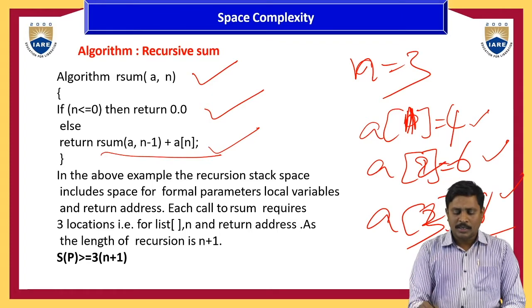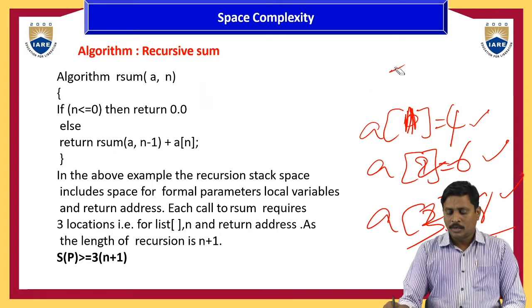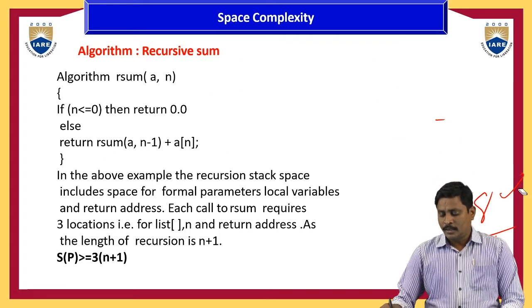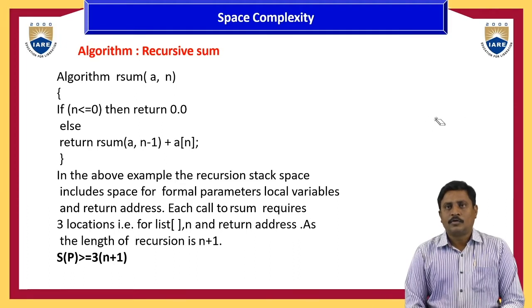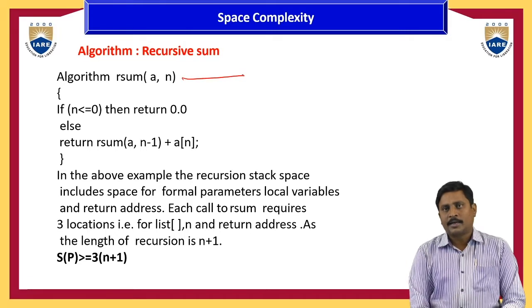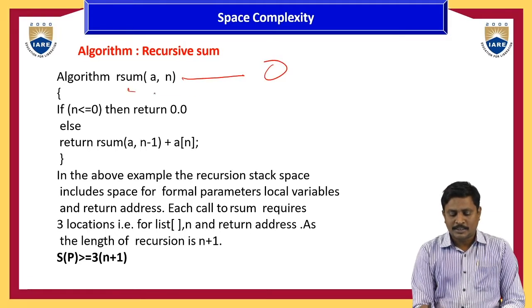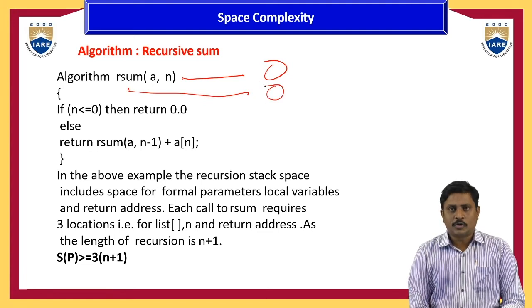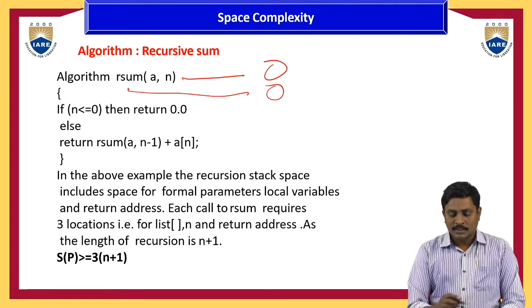Now for this algorithm, we want to calculate the space complexity. How do we calculate the space complexity of this algorithm? See, the heading of the algorithm takes 0 step count. Next, the first brace also takes 0 step counts.